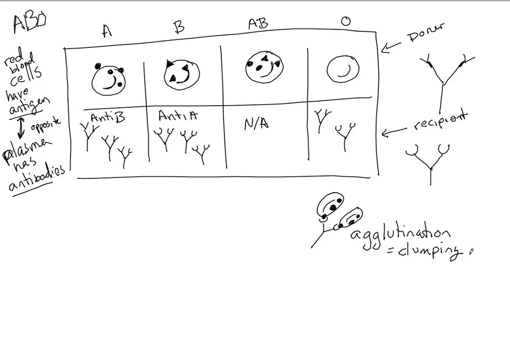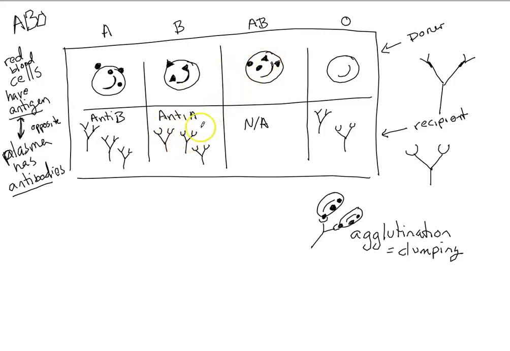I've only drawn 2, but assume this is happening on the scale of millions. So that's a really destructive thing to happen. We do not want a cell with a type A antigen to go into the plasma of somebody with anti-A antibodies. So a type A person cannot donate to a type B person, and an AB person cannot donate to a B-type person. In fact, if you look at it, can AB go into type A person's plasma? Definitely not. This antibody interacts with this antigen. Can AB give to B type?